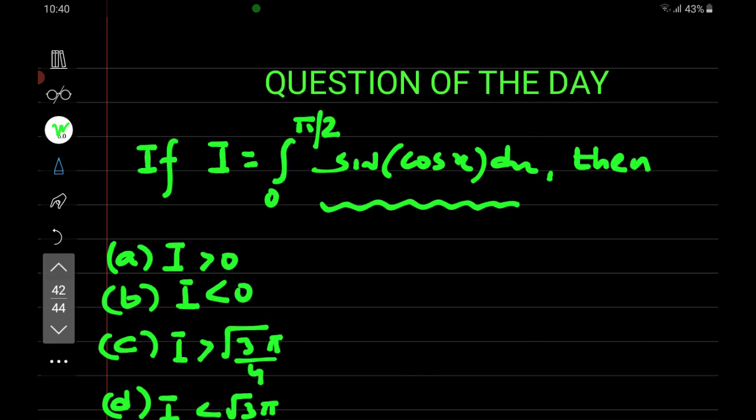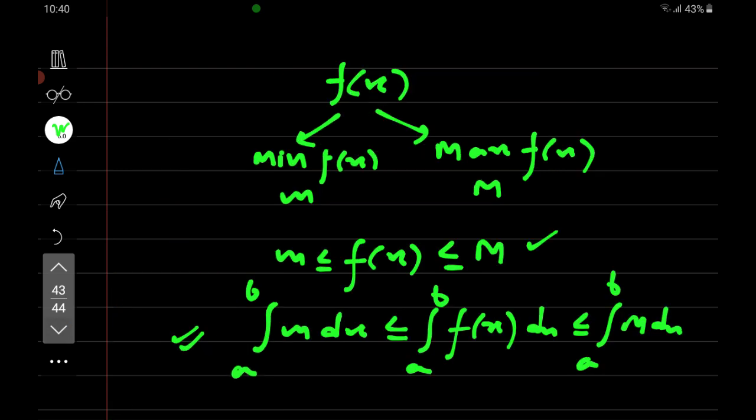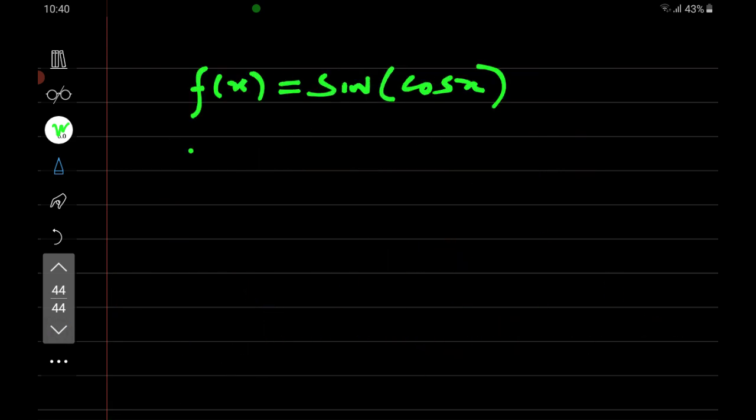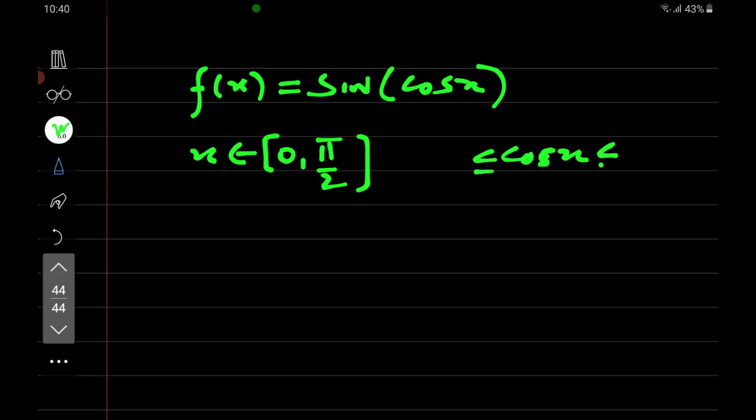We observe that the limits are 0 to pi by 2. When x lies between 0 and pi by 2, cos x will lie between 1 and 0, because at 0, cos x is 1 and at pi by 2, cos x is 0.